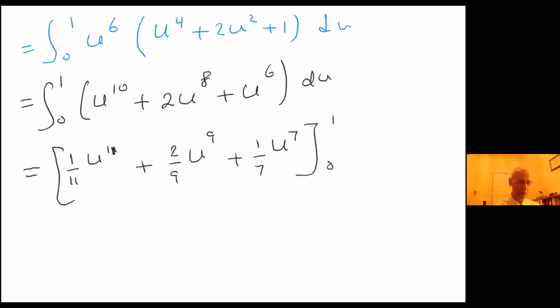So 1 is easy, when I plug in 1, I will get 1 over 11 plus 2 over 9 plus 1 over 7, minus everything else is going to give me a 0. So minus 0. For this, I'm going to have to use a calculator: 1 over 11 plus 2 over 9 plus 1 over 7.